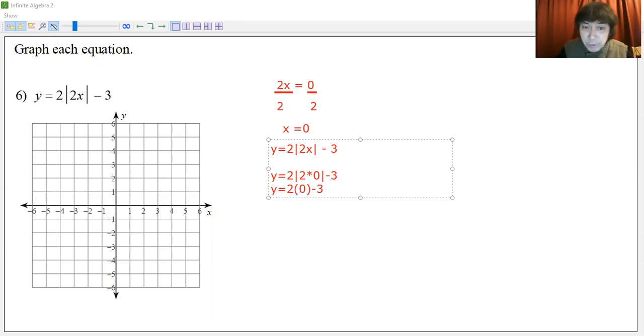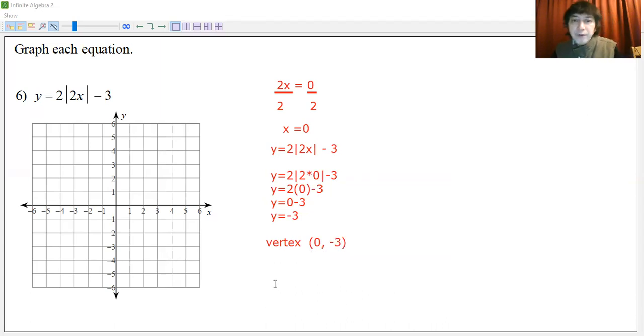And this results to 0 minus 3, which is simply negative 3. There. So our vertex is located at 0, negative 3. This is our x and y coordinate for our vertex, and it's down here below the origin.